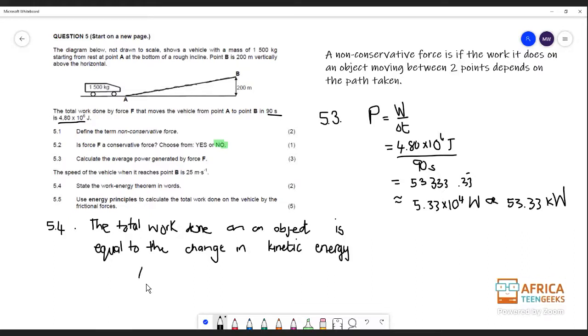So you're basically just stating that if the work net is equal to change in EK, you're just changing that to words.